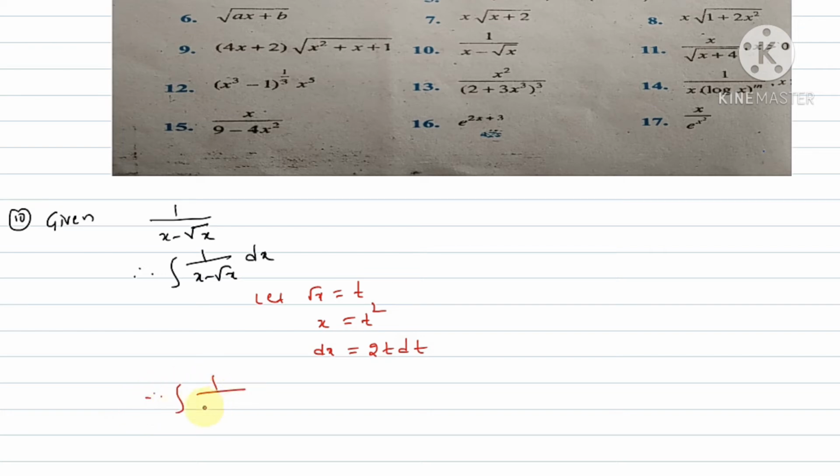The integral of 1 by (x minus root x) dx is equal to the integral of 2t dt, where x value we can write t square and root x value we can write t, so t square minus t. Taking 2 out, t dt upon, in the denominator taking t common, t of (t minus 1).